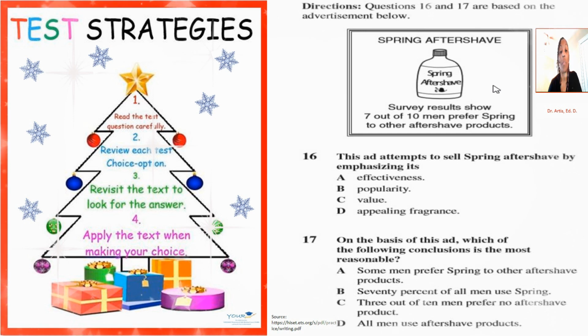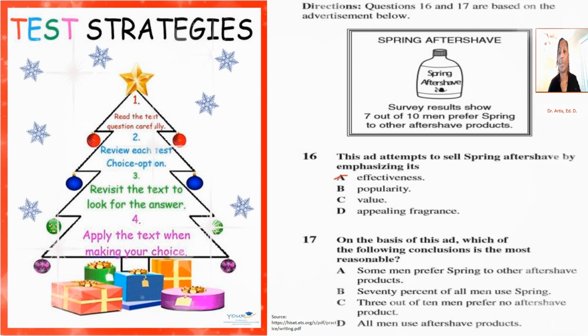The survey was not looking at the effectiveness of this product in comparison with other aftershave products. It was looking at these men's preference for Spring aftershave over the other aftershave products that were being used. So we can eliminate A because it doesn't apply.